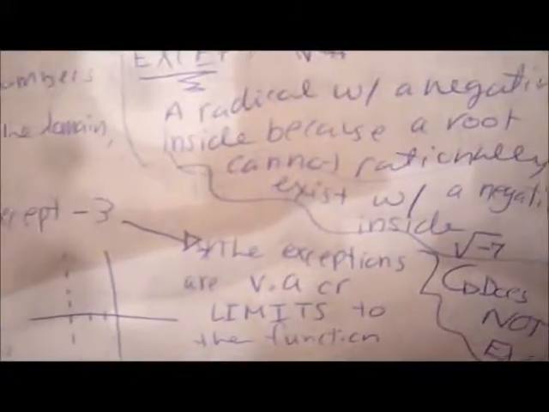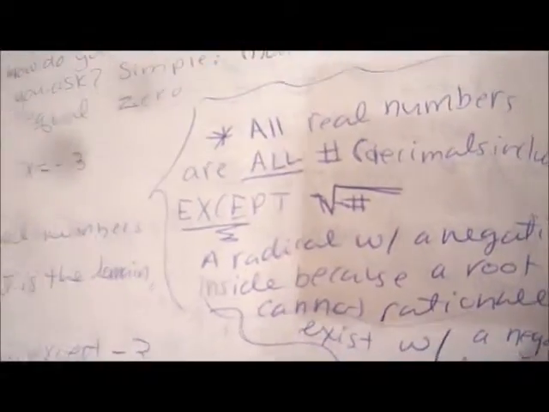The range of the function is all real numbers with the exception of -3, because -3 isn't part of the graph. All real numbers are all the numbers, decimals included, except a radical with a negative inside, because a root cannot rationally exist with a negative inside.